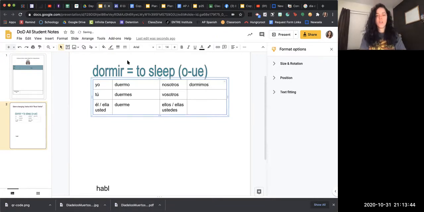Because it's an IR verb, dormimos. Vosotros dormís. Do not stem that one. Now back to stemming. Ellos duermen. Notice I used the UE instead of an O. Okay. Duermen.